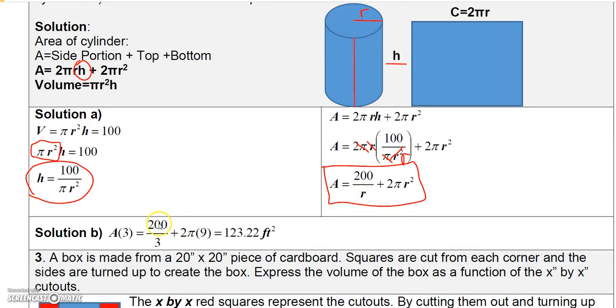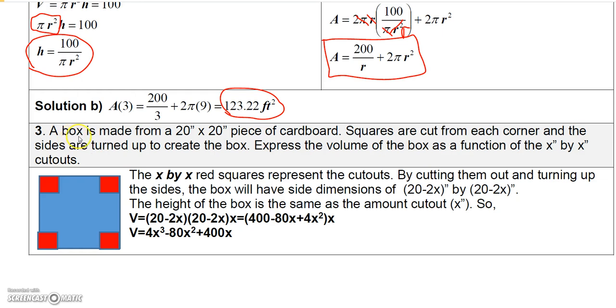So if we plug 3 in for r, we get 200 over 3 plus 2 pi times r squared, and so that would be 3 squared is 9. And so just grab your calculator and see what 200 over 3 plus 18 pi would equal, and it turns out that it's going to be about a little over 123 square feet. And it's square feet because we're dealing with area when we're talking about the area of the material.